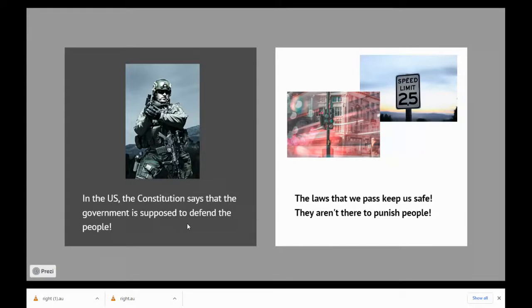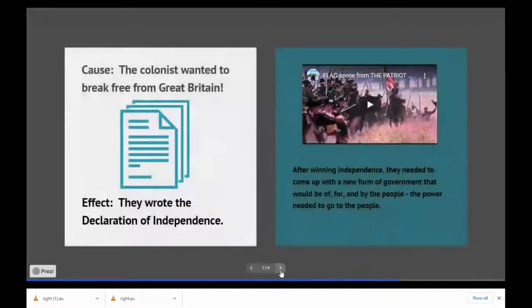So of all those things I said, the police and the firemen and the teachers, the roads and the post office, the most important is the soldiers, and not just the soldiers, but all the things that go with the military, because keeping us safe and defending us is what the Constitution says the government is supposed to do. Okay?